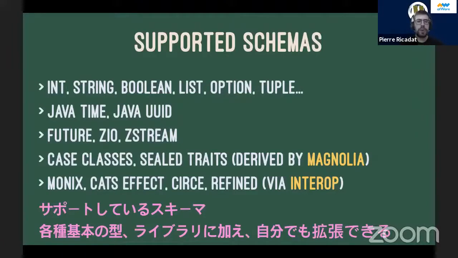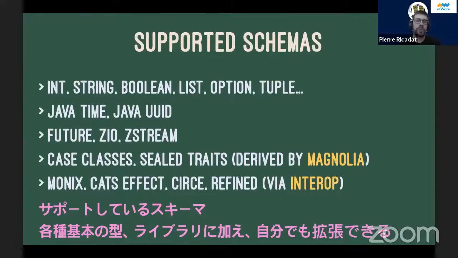Caliban is able to derive a GraphQL schema automatically for your own case classes and sealed traits using another library called Magnolia. So you basically have nothing to do except if you have inside your case classes some type that Caliban doesn't support. So if there is a type that is not listed here, you need to define how to transform that type into a GraphQL type, and then it will be able to derive the rest.